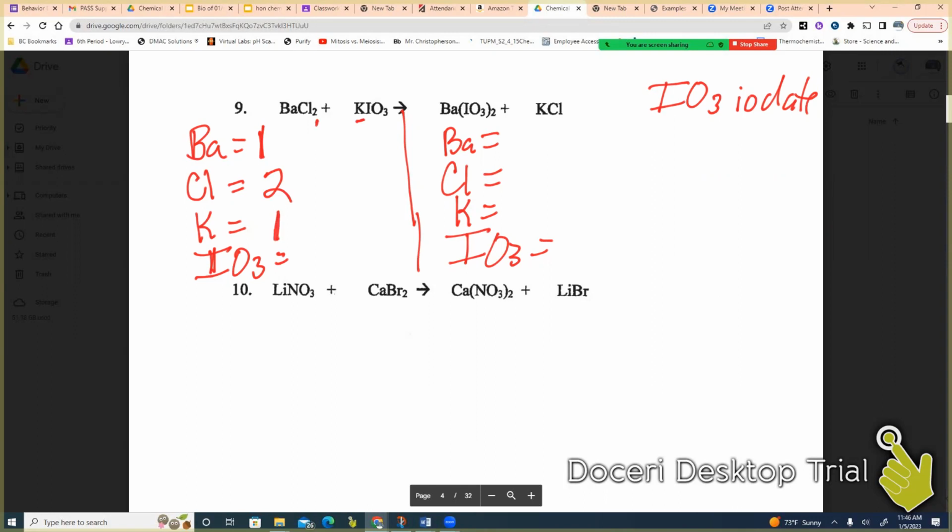Potassium doesn't have a subscript, so just 1. And once again, if I think of that as one thing, there's only 1 of those. Then I'm gonna come to my product side. Barium, still just 1. Chlorine, 1. Potassium, 1. But now, because this iodate has that 2, I'm gonna have 2 of the iodate groups.